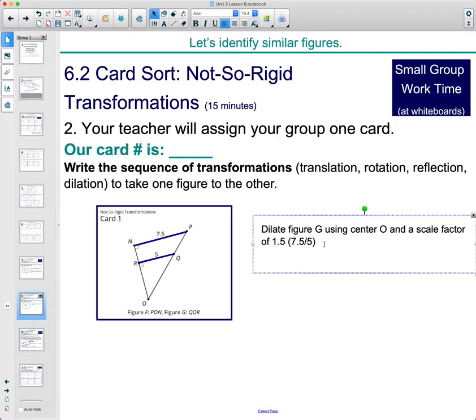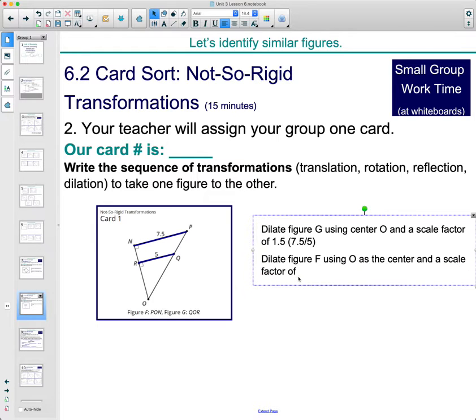And so if you were going to do this the other way, so if we were going to dilate the bigger figure, which they're calling figure F, this triangle PON, so dilate figure F using center O, or O as the center, however you want to write that, and a scale factor of, now you would just do the reverse of that.